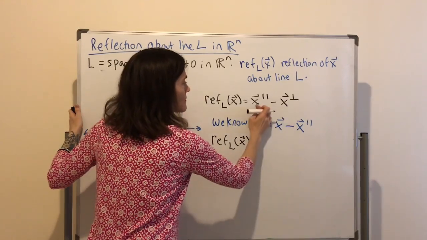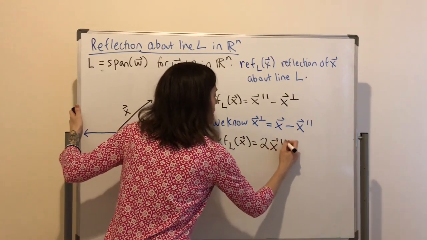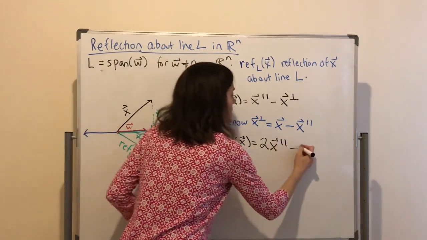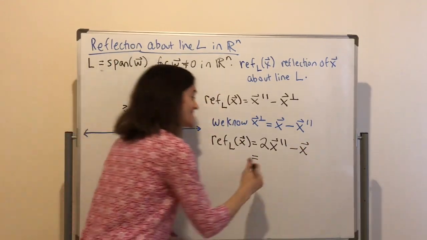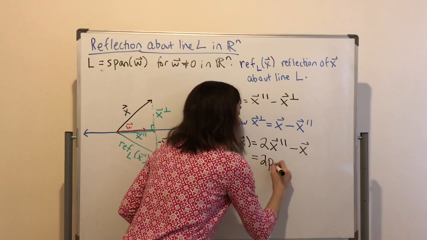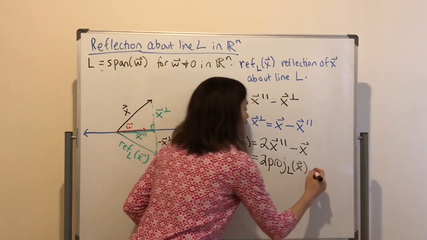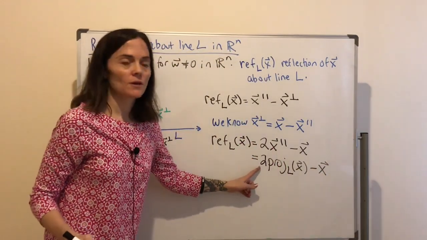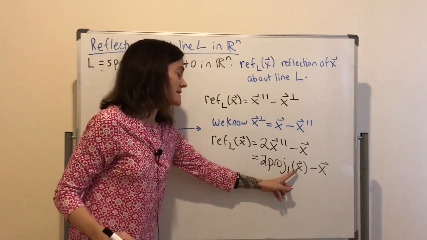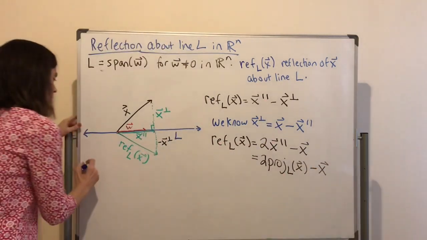It's going to be minus a minus is a plus. You're going to get 2 here, and then minus x. Or I'll even write this another way. This is 2 times the orthogonal projection of x onto L minus x itself. The nice thing about this is, well, it's entirely just of the orthogonal projection and x, like I said.